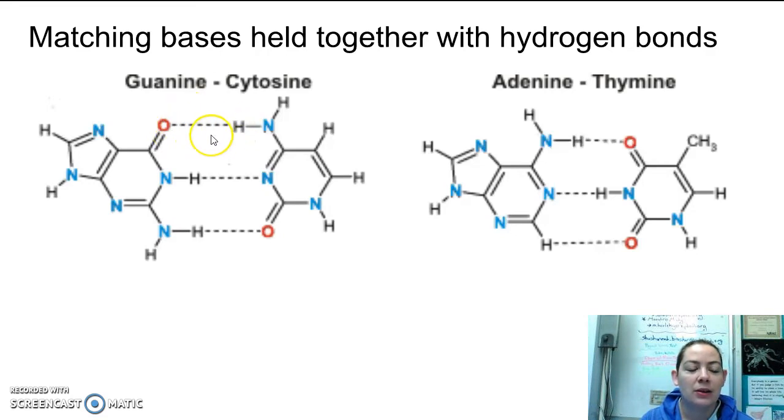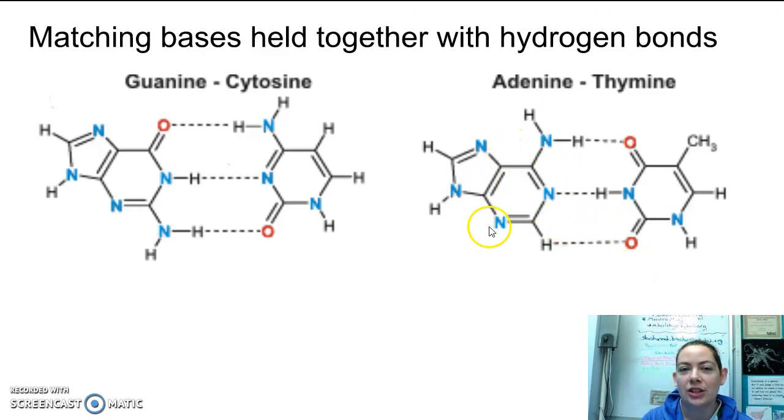But it's sort of a weak attraction between an oxygen on one molecule and then a hydrogen on a nearby molecule. So guanine and cytosine, when they are paired up next to each other, they can actually make 3 hydrogen bonds between them. And then adenine and thymine also make hydrogen bonds between them.